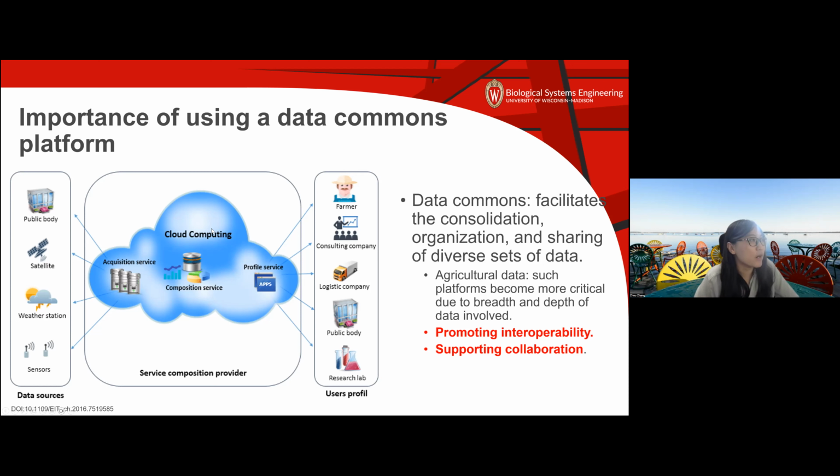We know that usually a data commons platform needs to be used for data sharing. This is particularly important, especially for agriculture data sets, because of the different types of data we need to use and the depth of the data involved. It can help support collaboration, definitely, and also promote the interpretability of the data.